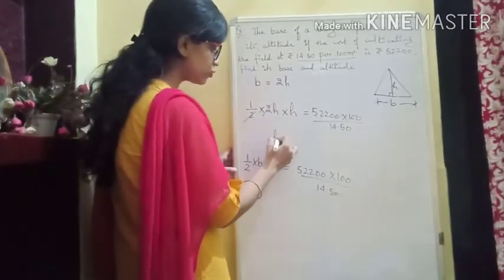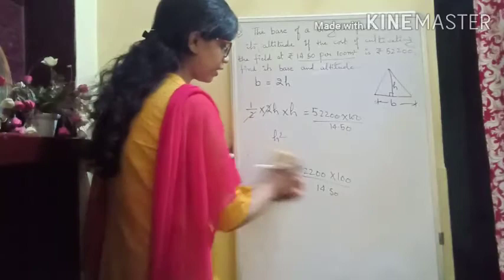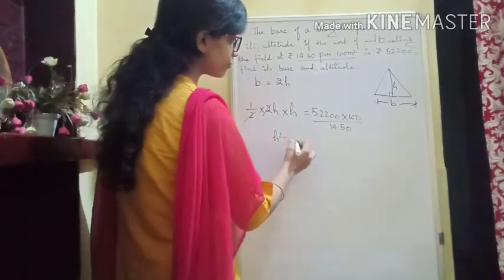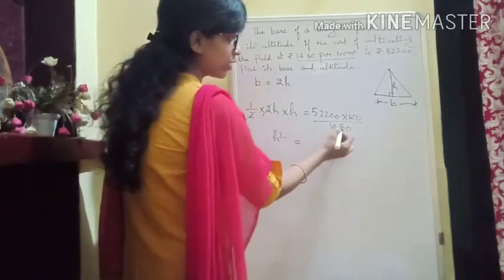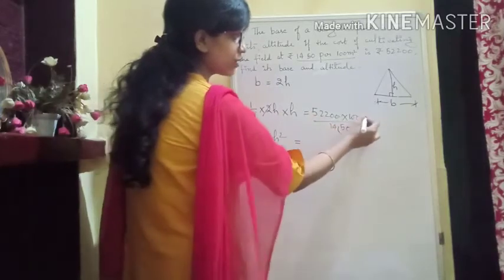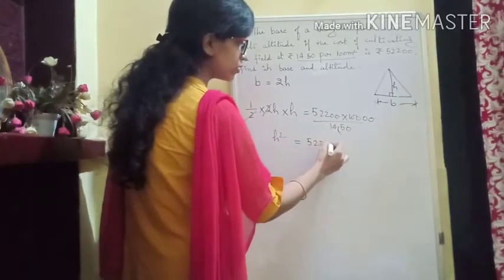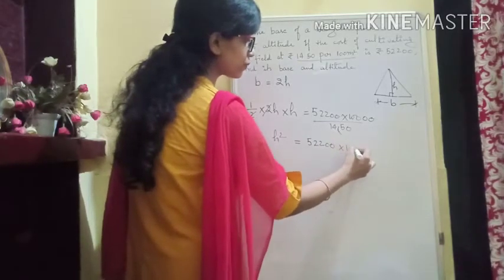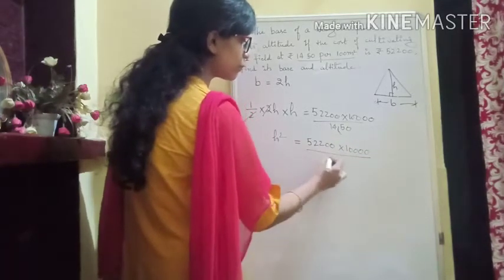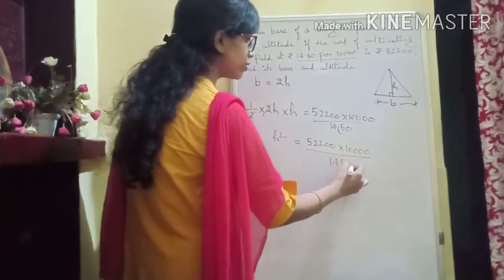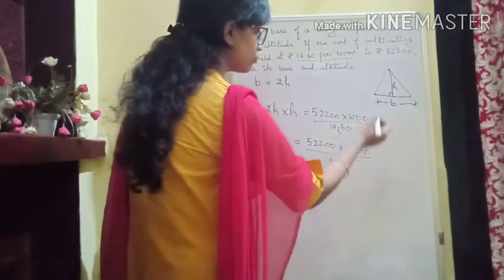Here we have h into h as h square, and on that side you can cancel and get 2 zeros. So it will be 52200 into 10,000 upon 1450. You can cancel 1 zero further.